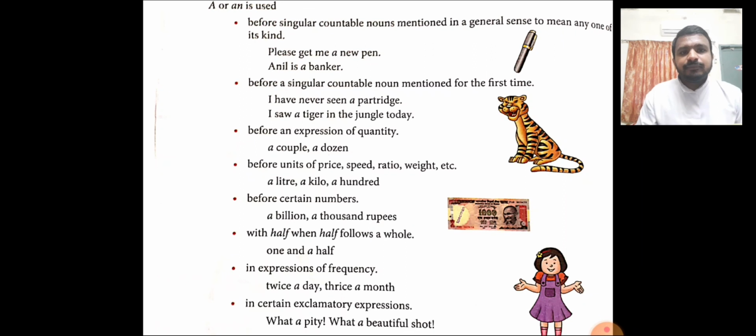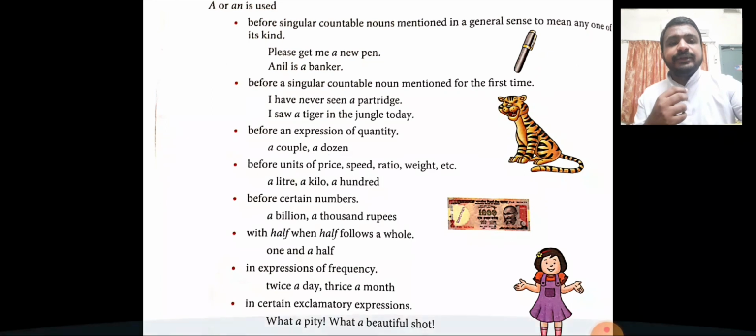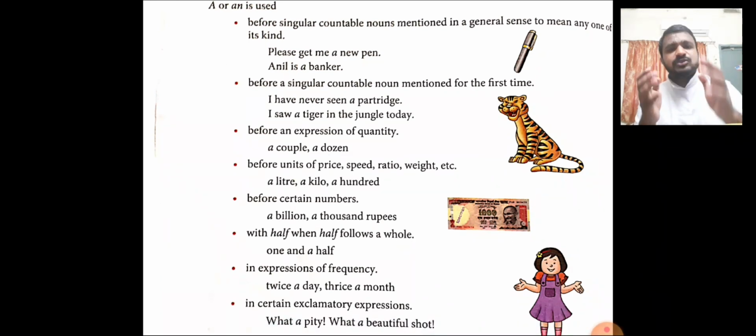Now, with half we use a, but there should be one thing, that half should follow a whole. That means 1.5, 2.5, all those things we will be using the indefinite article. Next one, in expressions of frequency, twice a day or thrice a month, we use the indefinite article. And the last usage is in certain exclamatory expressions.